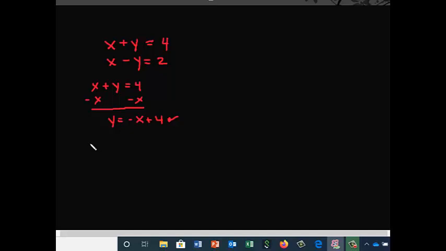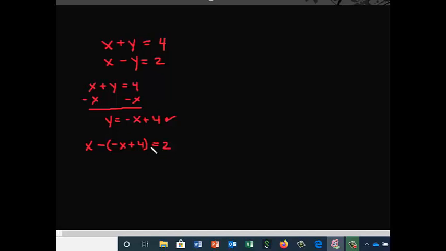So this will be now x minus, now watch, negative x plus 4, which will be equal to 2. So as we do that, how will we simplify this?